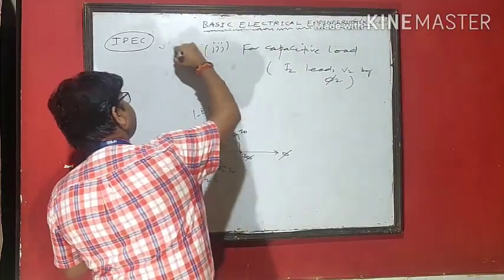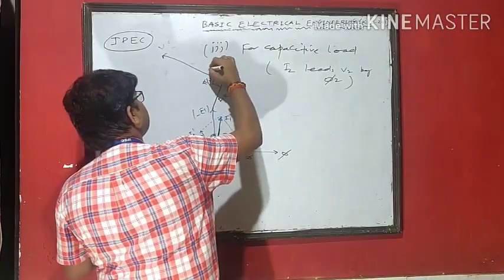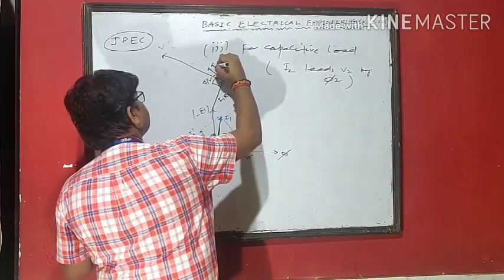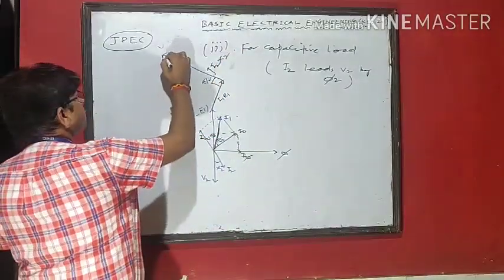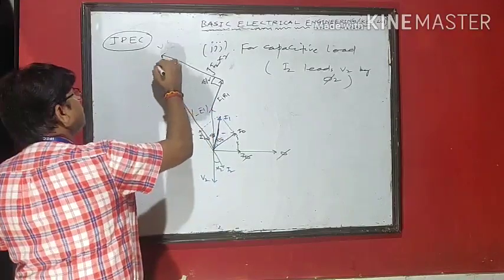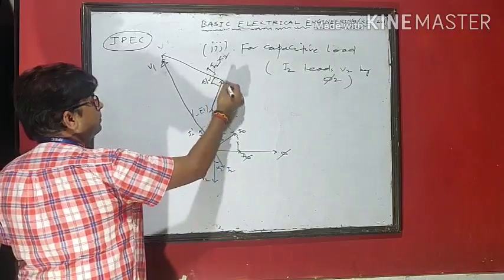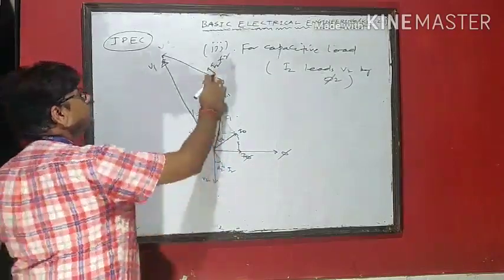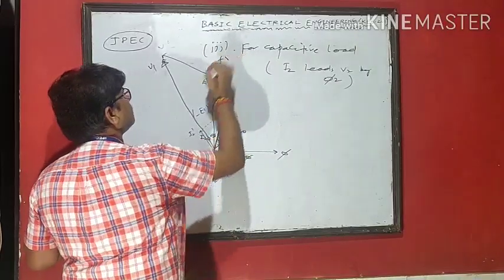And this is 90 degrees of this, that is j I1 X1. So this is your V1. V1 equals E1 plus I1 R1 plus j I1 X1.